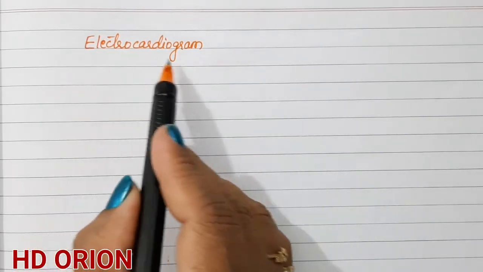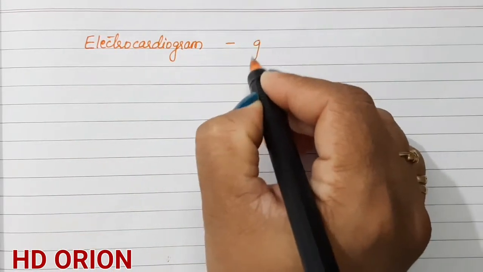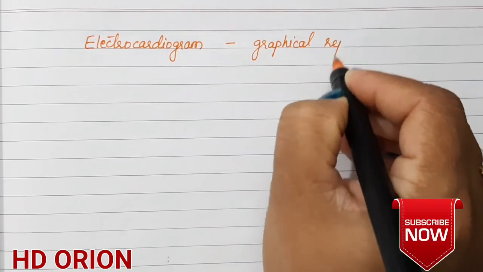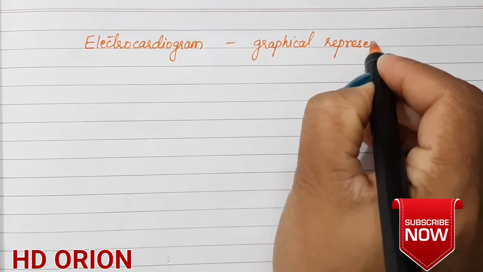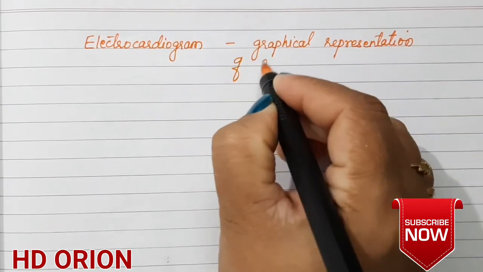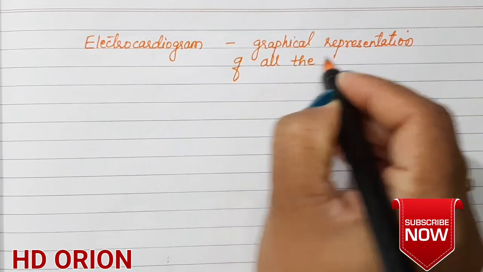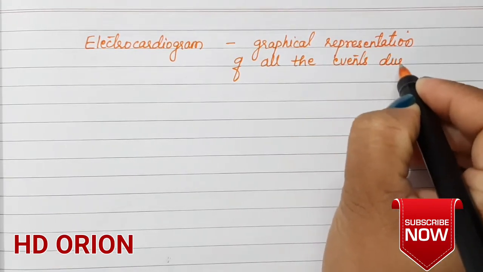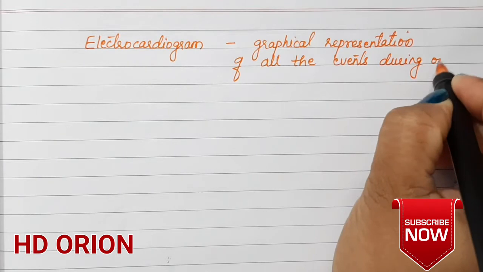Now this is the graphical record or graphical representation of all the events during one heartbeat.